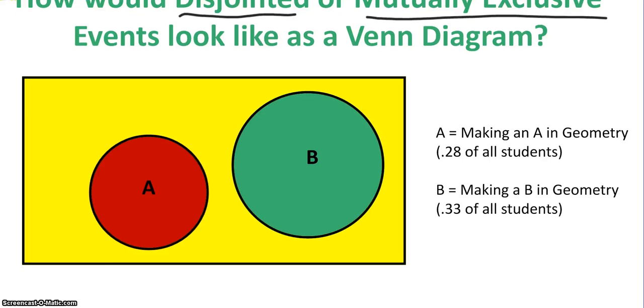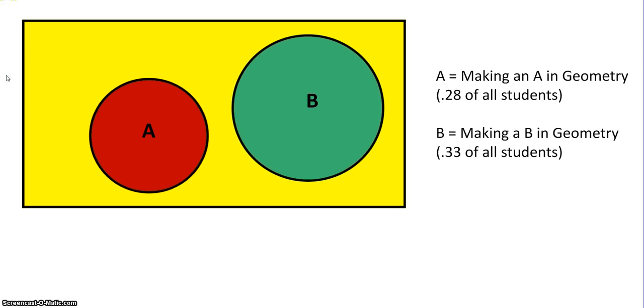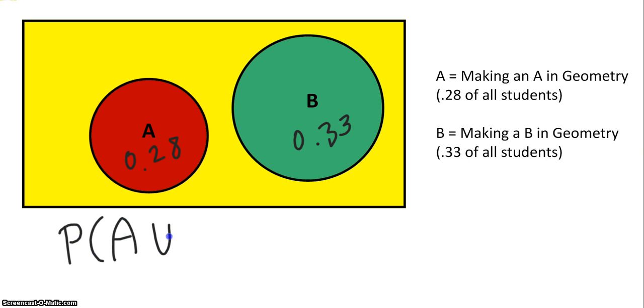So if I take a look here, the probability of a student making an A in geometry is 0.28. The probability of a student making a B in geometry is 0.33. So the question is, what is the probability of A union B? What is the probability of A or B?